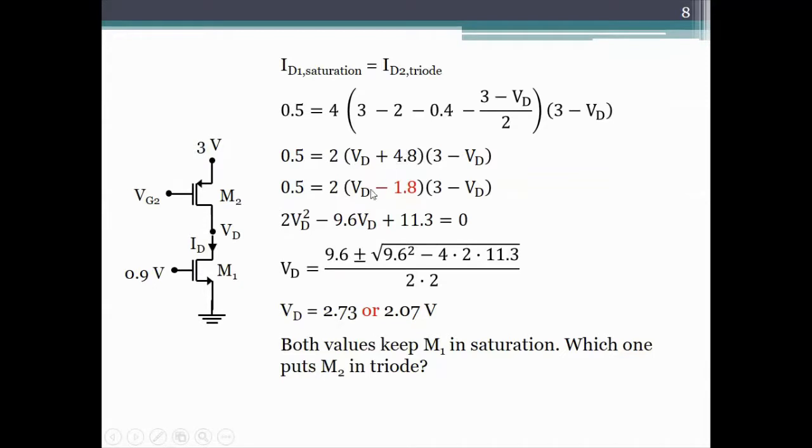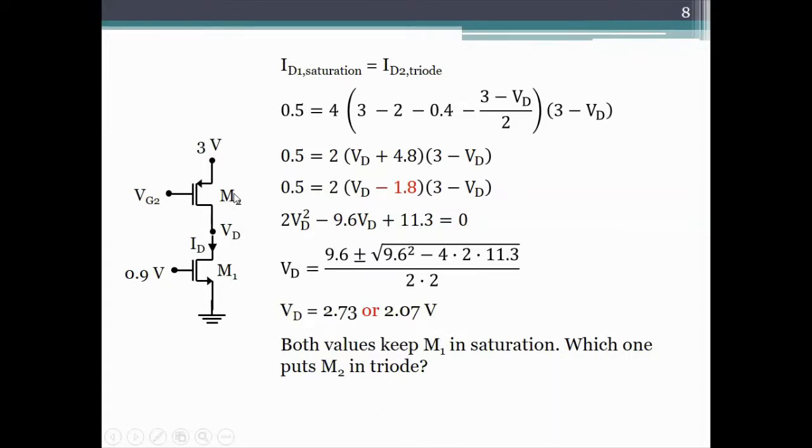The correct number is minus 1.8, and if we put minus 1.8 and solve, we'll get two values for the drain voltage, 2.73 or 2.07, and then we have to make sure that whichever value puts M1 in saturation and M2 in triode is the correct value. In this case, both the values put M1 in saturation because they are both greater than 0.9 volts. So whichever puts M2 in triode.